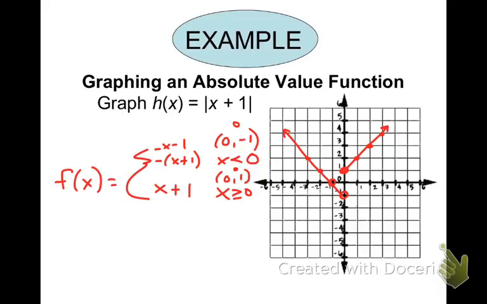Bless you. Thanks. Let's think about this for a second. When I do absolute value, can I ever have negative output? So whatever I put into the function, will it ever pop out negative? No. So this one right here, now think about your y.